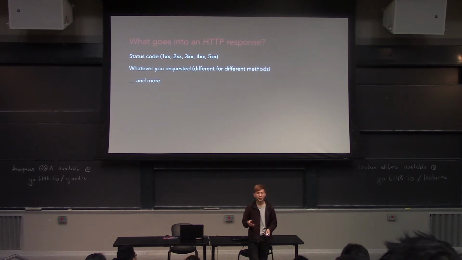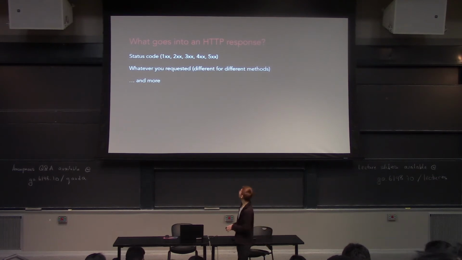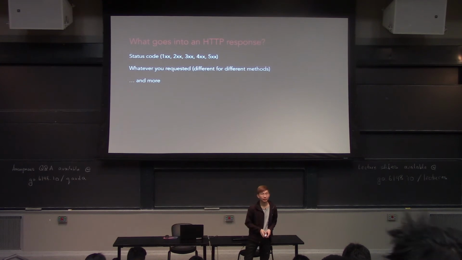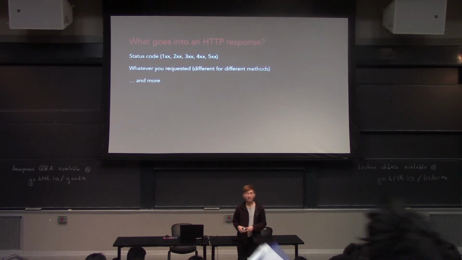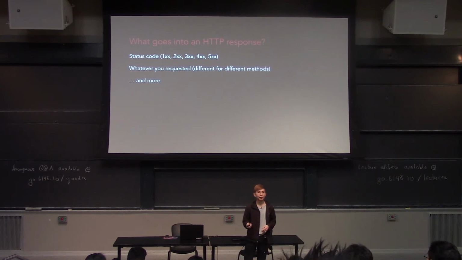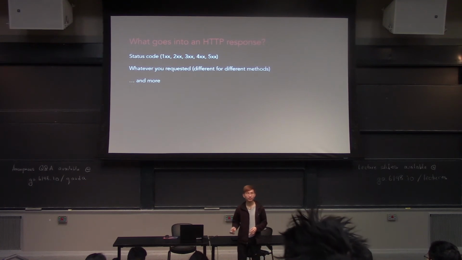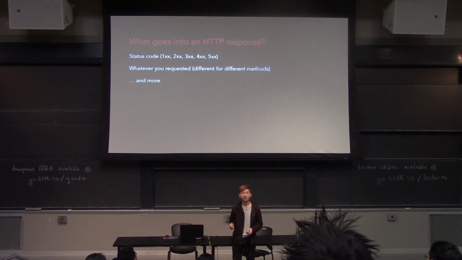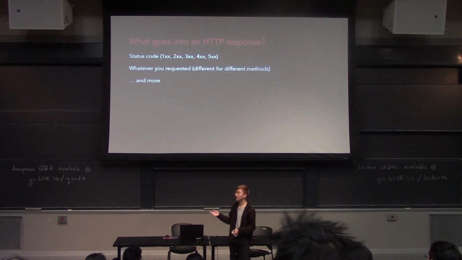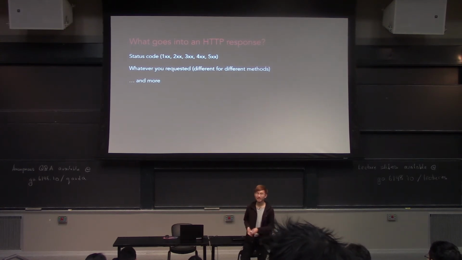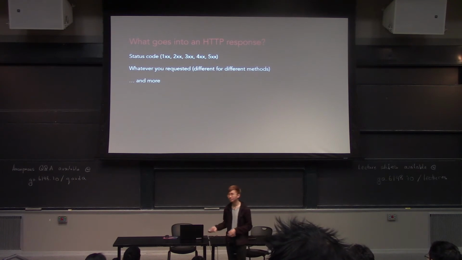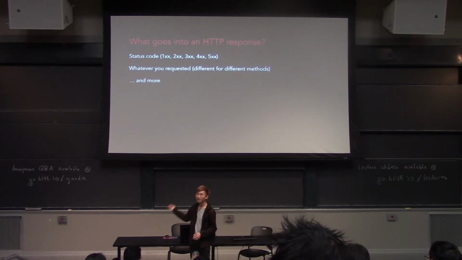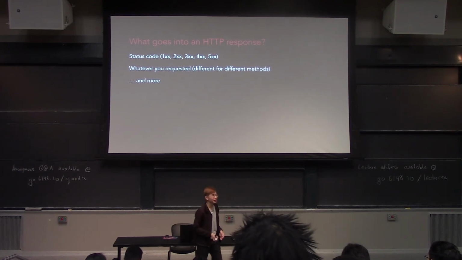So if you request your profile on Facebook, that object will contain things like your name, your username, your statuses, and so on and so forth. For a POST request, however, you're not really requesting any data. You're just sending data for the backend to update itself. So the response that you get will basically just be an indication of whether or not the request was successful. So you'll basically just get a status code. And you'll get some more stuff, but again, you don't need to worry about that.